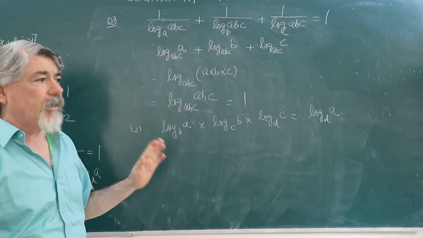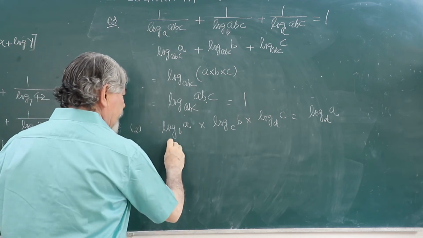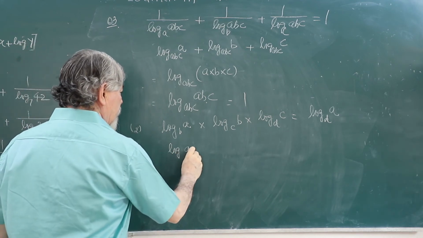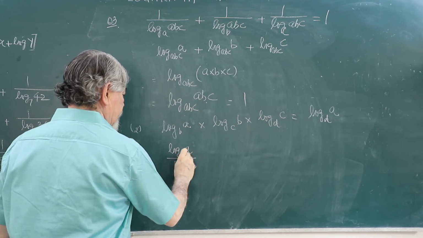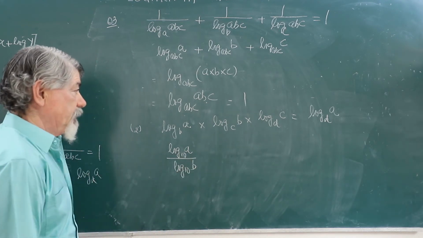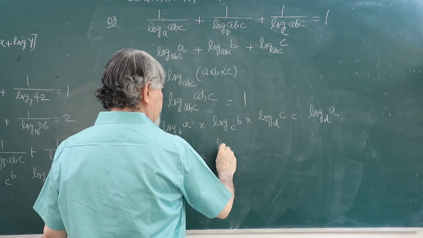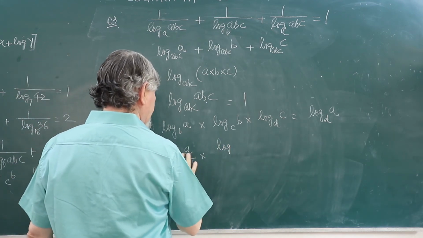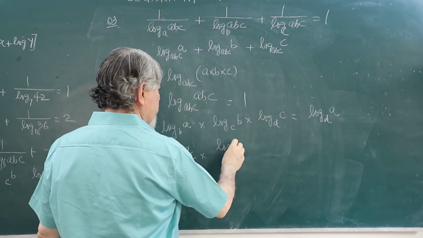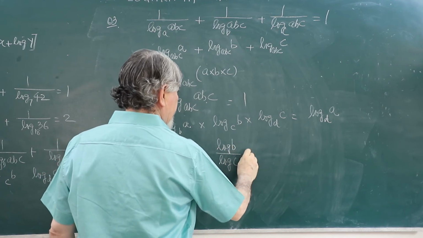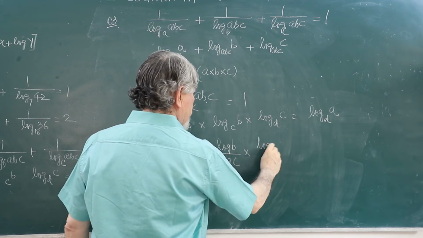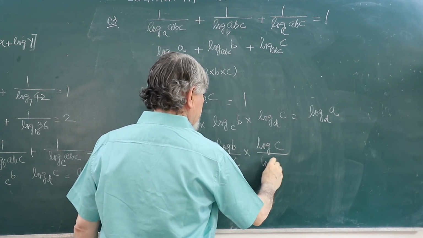First of all, we can write it as log A upon log B. Suppose I change to the base 10. Let it be any base. I can write log B upon log C, or log C upon log D, to any base.